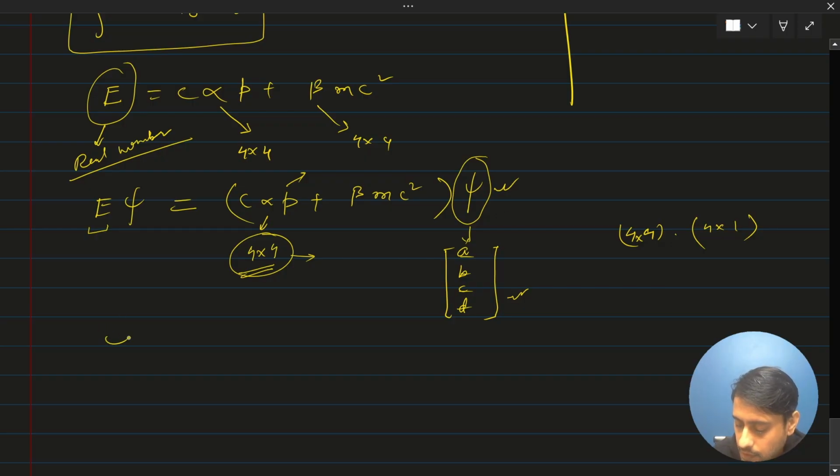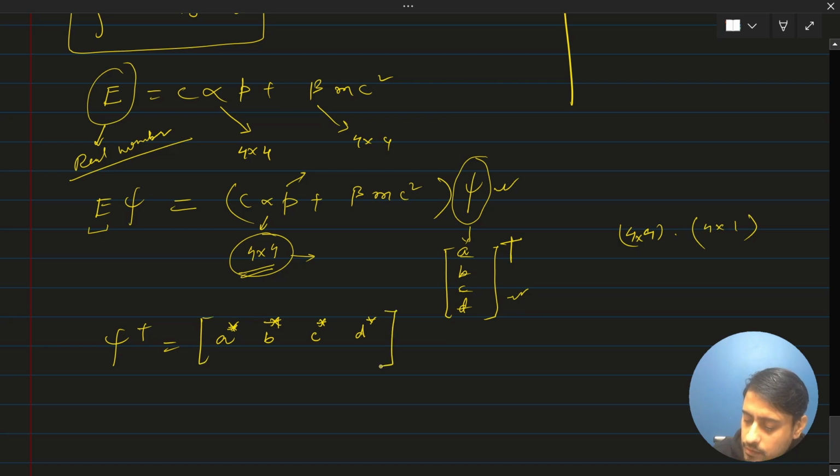So psi dagger can be written as the conjugate of this: A conjugate, the complex conjugate, then B conjugate, C conjugate and D conjugate. This will be the psi dagger.